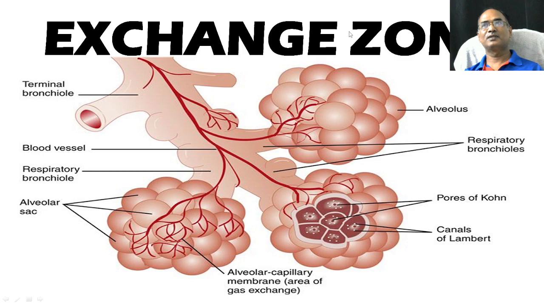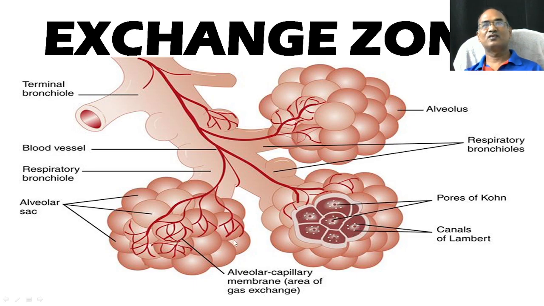And the exchanging zone is very simple. A number of alveoli combine and make an alveolus. In each alveolus there are tiny bags, and each bag we call an alveolar.